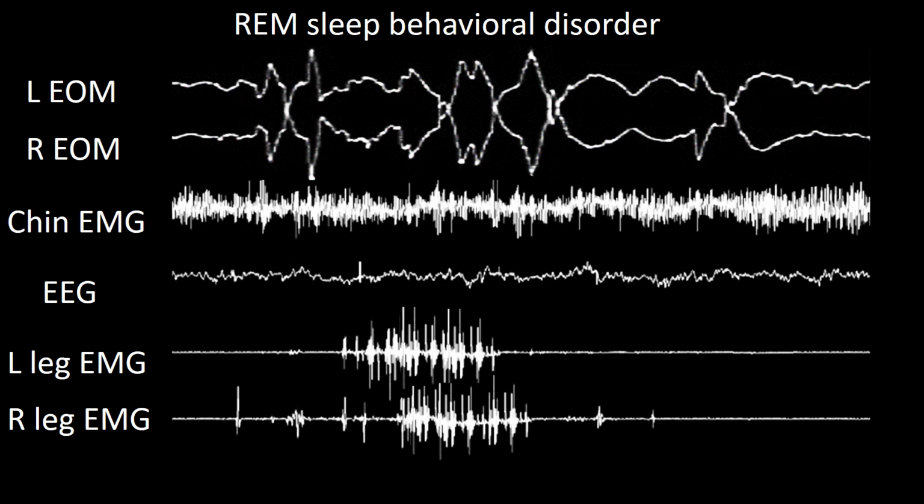In it, you can see rapid extraocular movements, high chin EMG, and leg movements. The latter two findings indicate lack of the physiologic motor neuron hyperpolarization that occurs during REM sleep. It is this lack of motor neuron hyperpolarization that leads to a person acting out their dreams, a condition, as you know, called REM sleep behavioral disorder.